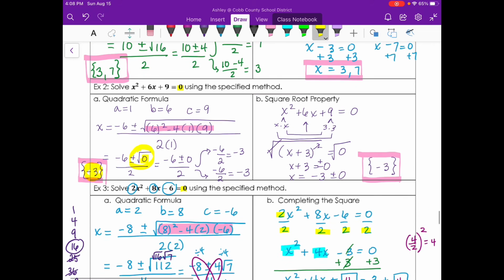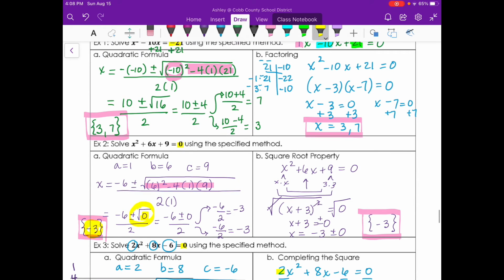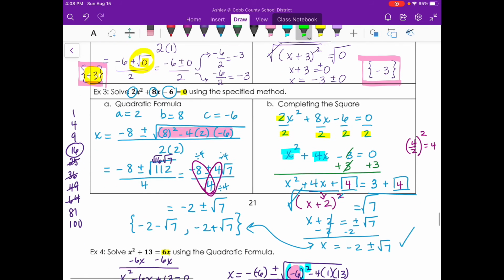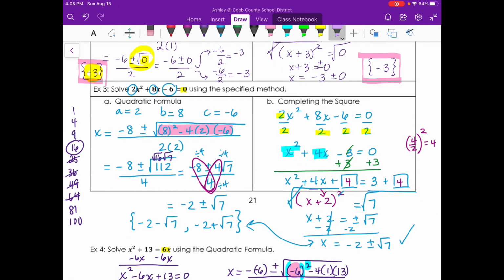And then if we had a nice perfect square number underneath the radical, we ended up with two nice, neat, rational solutions. And if we ended up with kind of an ugly number that's not a perfect square, but it's not a negative, then we ended up with two irrational solutions that have radicals in them.